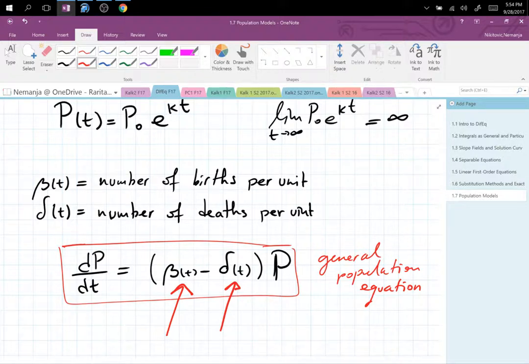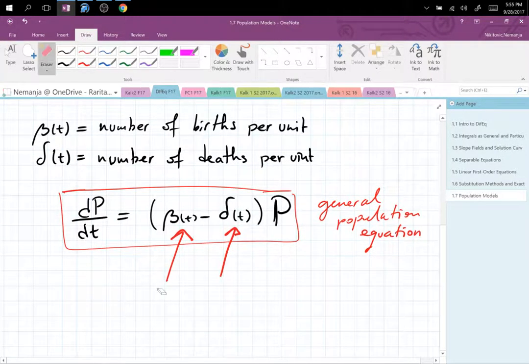Now, yes, you can define constant k as beta minus delta. That reduces the problem to what we had before. And we would have, right, the same separation of variables to solve everything and move on from there.